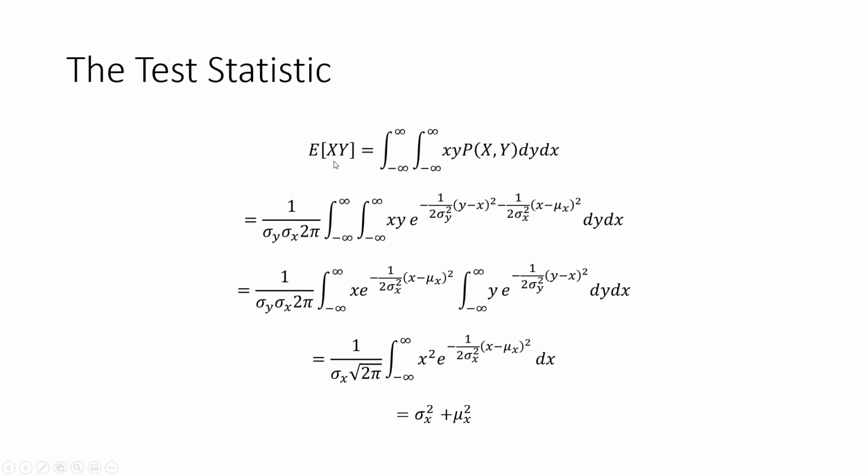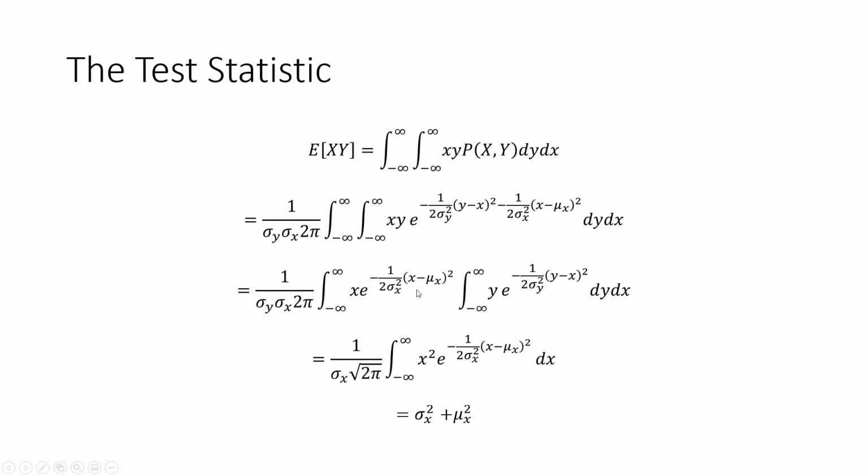And so to get the expected value of xy, we take the double integral over both domains of x and y, and we take xy times our joint density, and I'm integrating with respect to y and then x. After we put in our joint distribution, this is the constant term, and this is just the remaining portion. Notice that we can take out this x density because we are integrating with respect to y first.